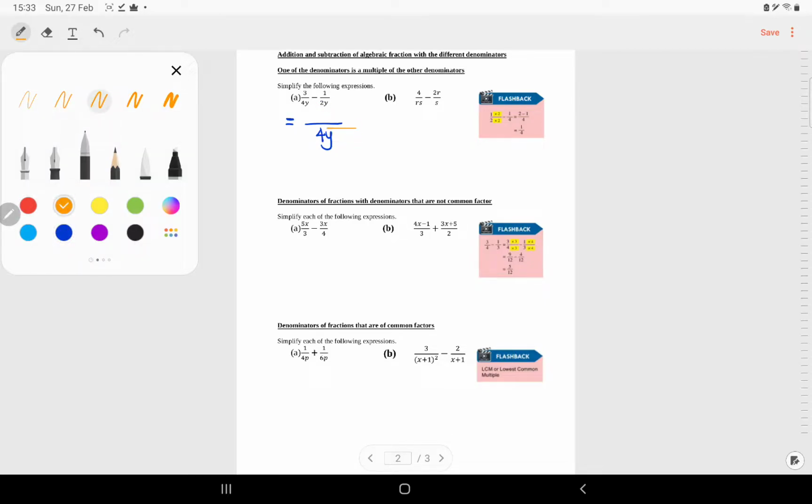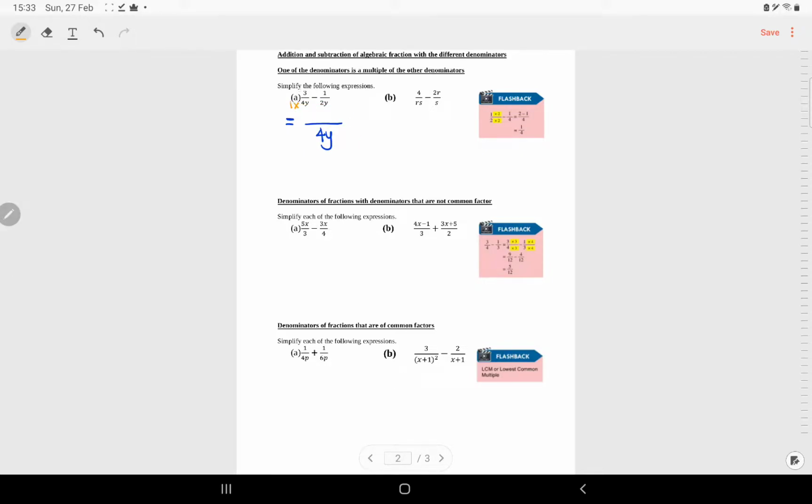If we make it a common denominator of 4y, technically I'm multiplying by 1, so I'm multiplying the numerator as well. For 1 over 2y, to make the denominator the common denominator 4y, I will need to multiply it by 2. If I multiply by 2 in the denominator, I multiply by 2 in the numerator as well.